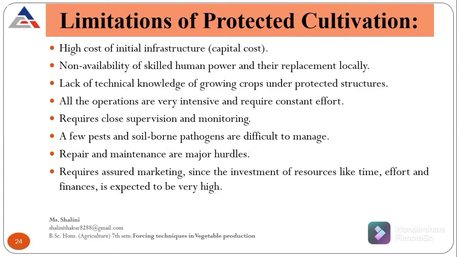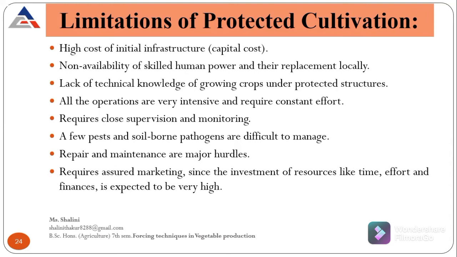So we need skilled manpower, and there is a lack of technical knowledge of growing crops. Not every person has technical knowledge of protected cultivation, so it is a big limitation, because we need skilled manpower, but that is lacking nowadays.